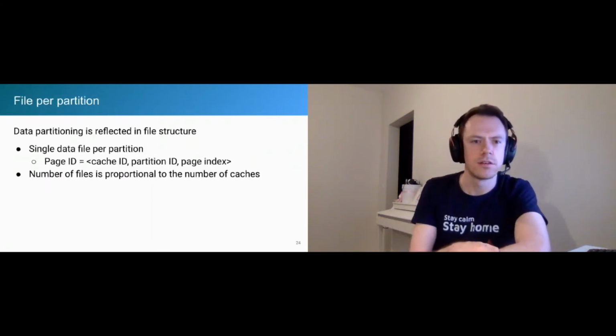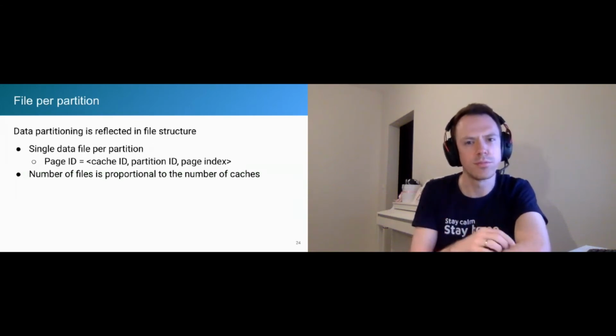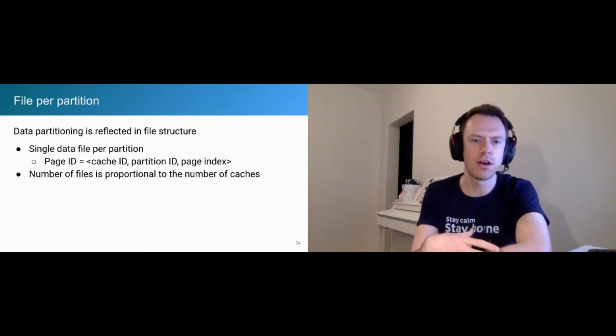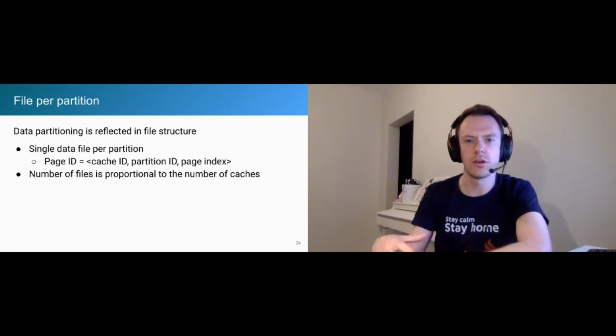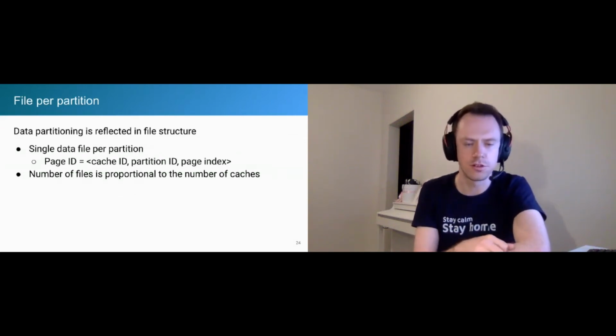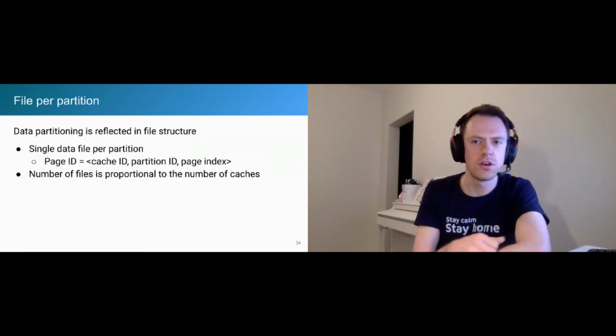The next thing that users sometimes face is the concept of file per partition. The choice here was whether to keep data of each partition in a separate file, or write all the data related to this particular node in a single file, or to a set of files that is not a direct one-to-one mapping to the partition numbers. And the choice here was given to the file per partition approach for a number of reasons.